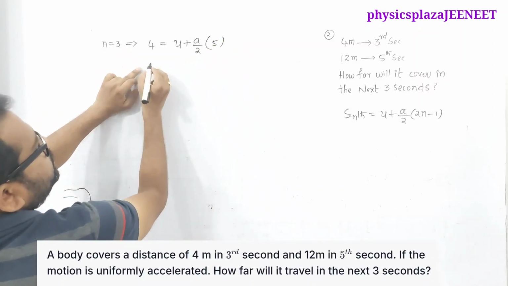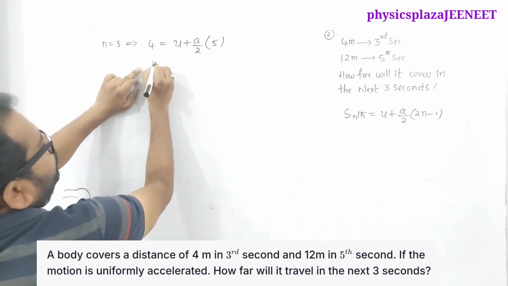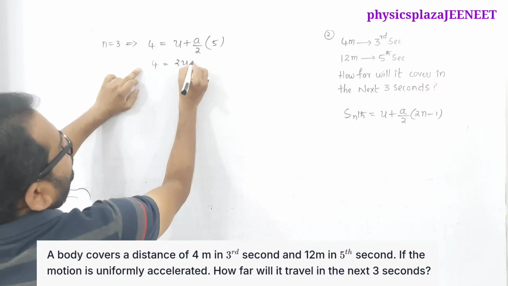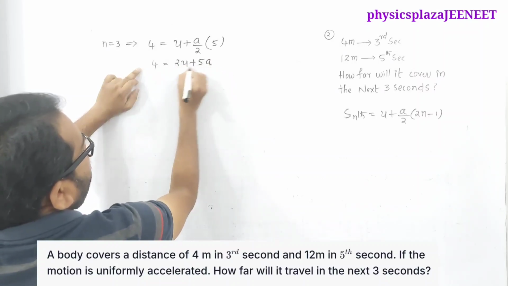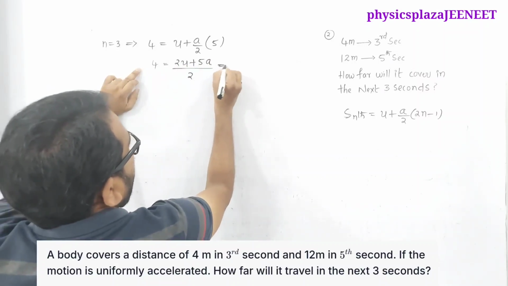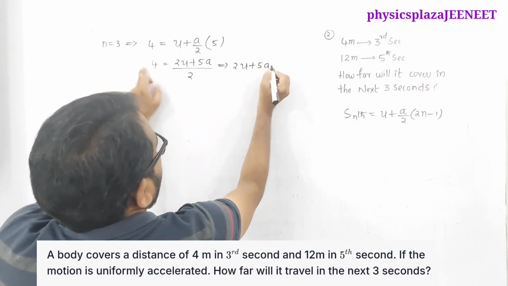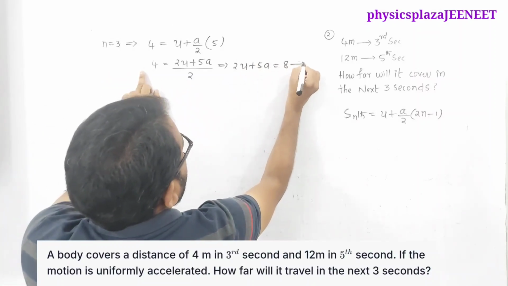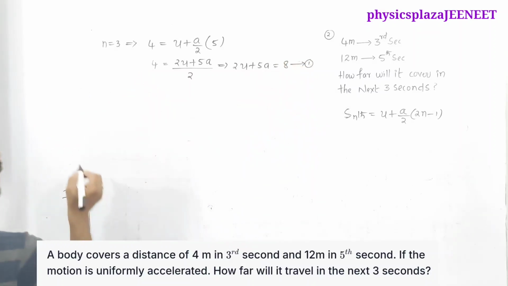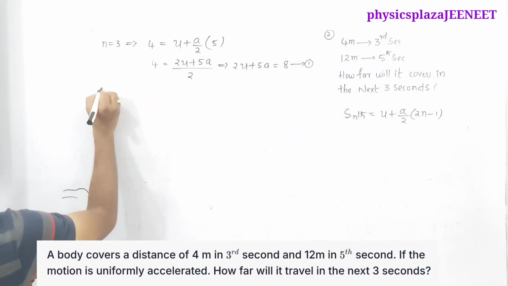So this can be written as 4 is equal to 2u plus 5a, taking LCM 2. Taking this 2 to the left side, it will be 8, equation 1. Now distance traveled in the 5th second is given.